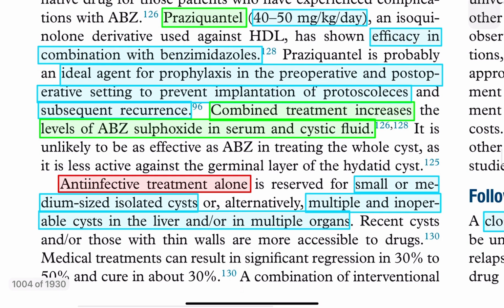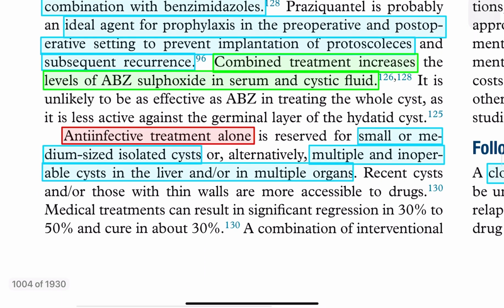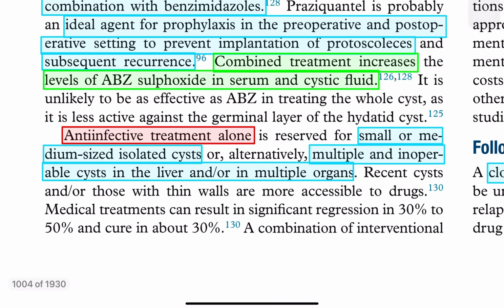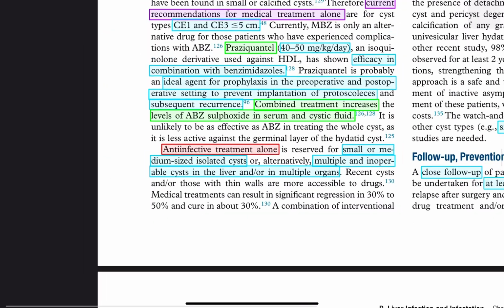Combined treatment increases the level of albendazole sulfoxide in serum and cystic fluid. Anti-infective treatment alone is reserved for small, medium size isolated cyst or multiple inoperable cysts in the liver or multiple organs.